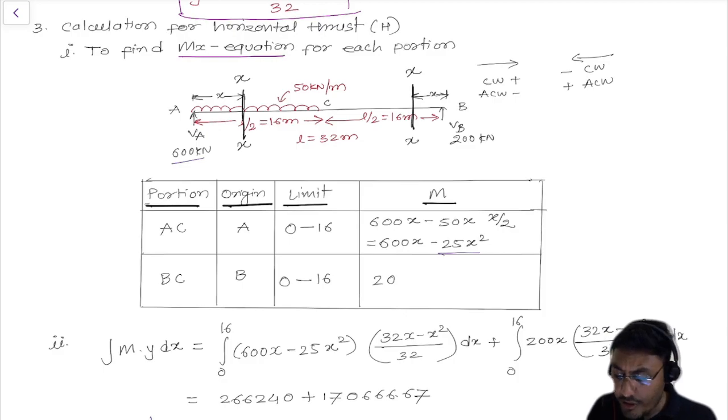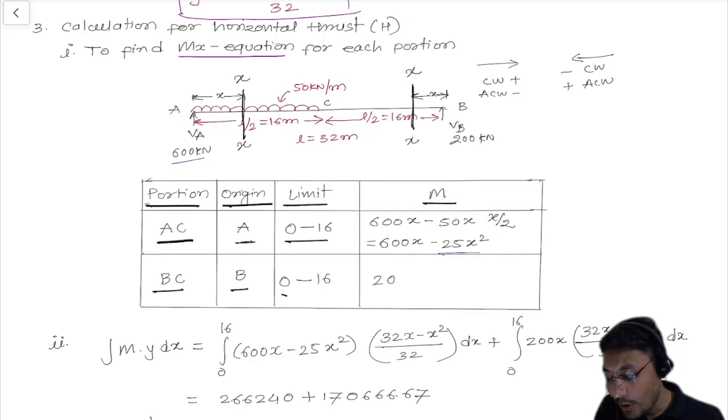Correct? So the portion for the first span is AC, so we just write AC over here. The origin for this portion is A, and the limit is the length of this span, which is 16 meter, so it is 0 to 16. Similarly, let's write down the other portion, BC, origin B, 0 to 16.